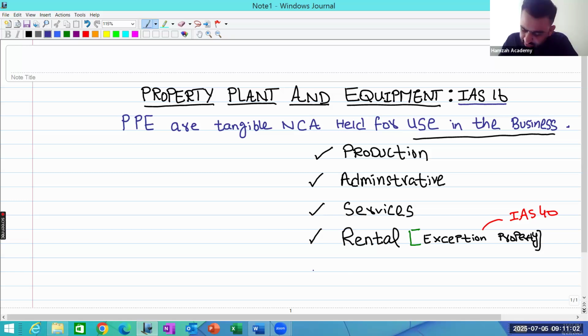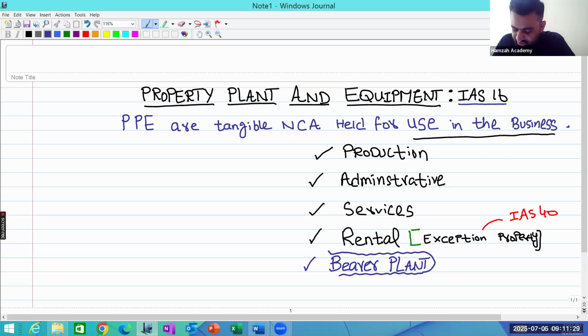And another thing which is accounted for under IAS 16 property, plant and equipment is the bearer plant.